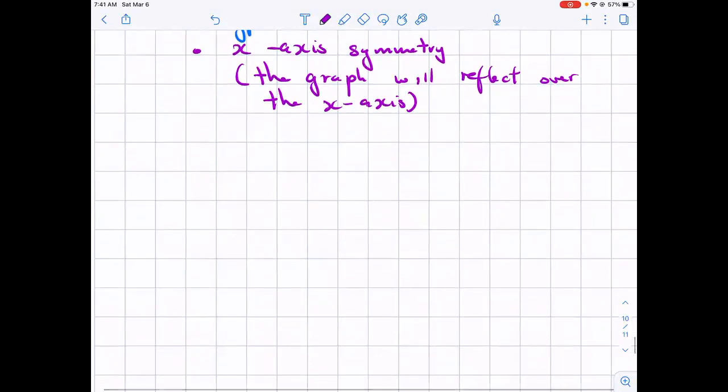So if we look at a graph, for example, here is the y-axis, here is the x-axis.